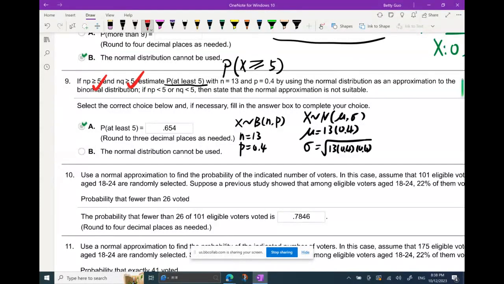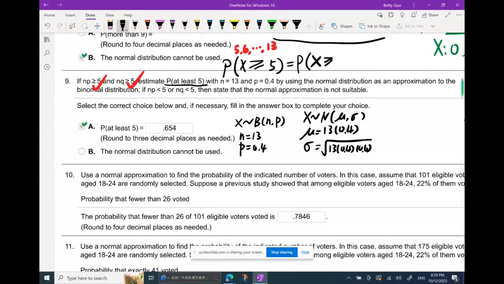So basically, the values that x could assume include 5, 6, 7, 8, 9, 10, 11, 12, all the way up. That's the values x could assume. But as a continuous normally distributed variable x, how do we let the calculator know that?